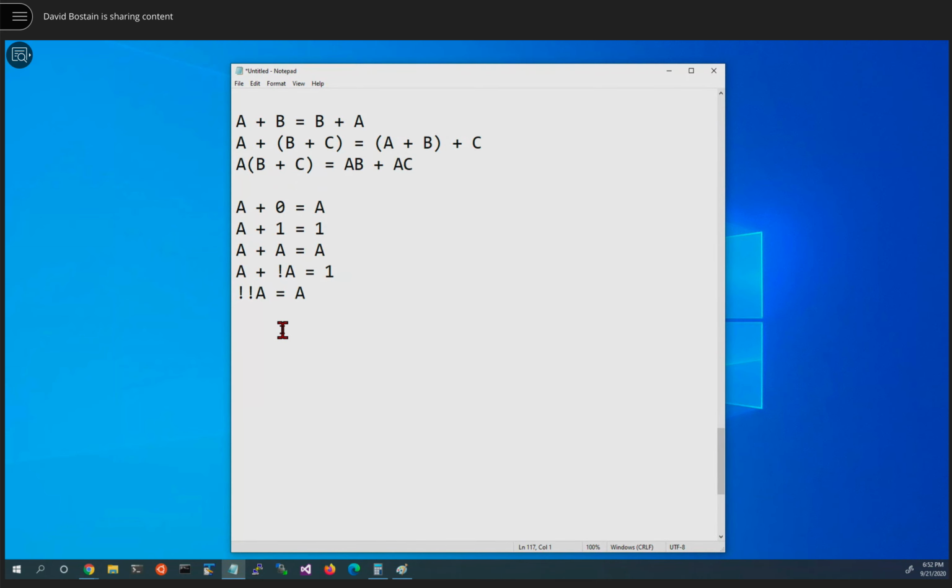But here's the idea. We're going to discover something called a dual. The dual is another Boolean equation that is also true just because the first one is true and because we followed some rules to create it.